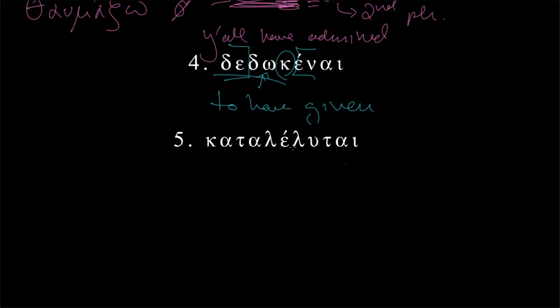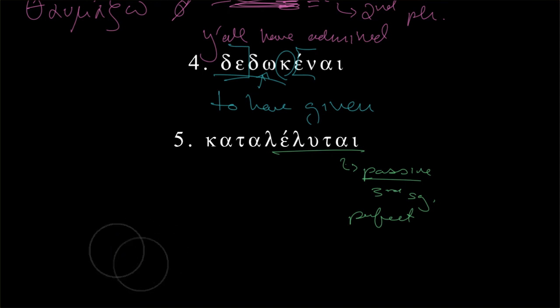And now we need to put that in the passive third person singular and perfect. So let's again make it she, or no, let's make it it, because let's say we're talking about a town.